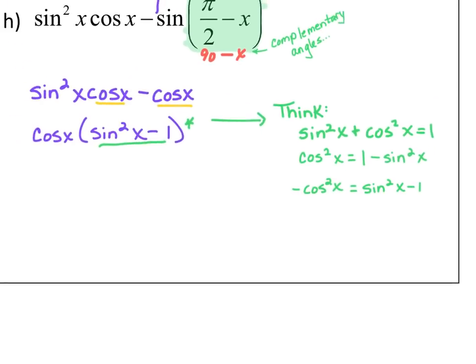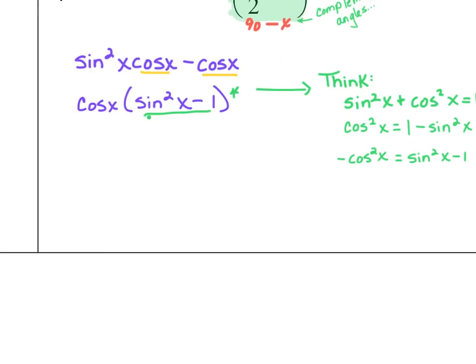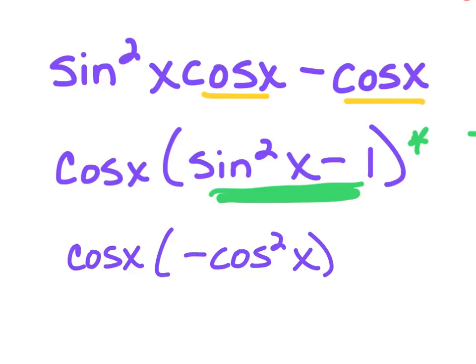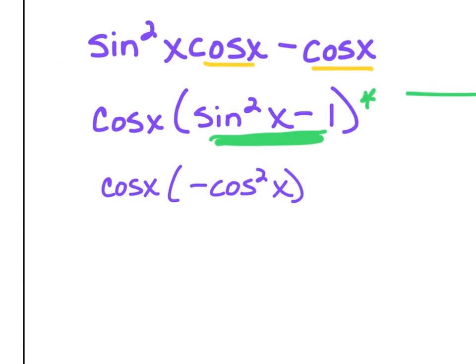So when I replace this identity in the parentheses over here, I'm going to replace it with negative cosine squared, not just cosine squared. So I have cosine of x times negative cosine squared of x. And my answer is going to be negative cosine to the third power of x.